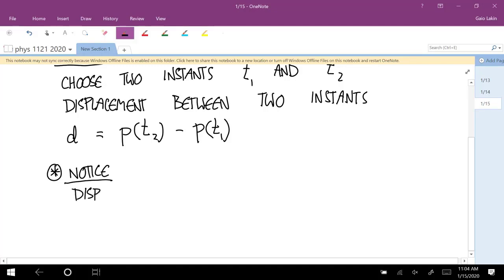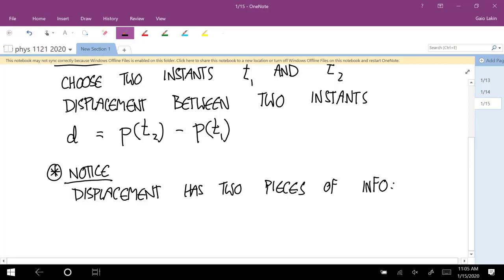Displacement has two pieces of information in it. The first one is the absolute value of the displacement, the magnitude of it, is the distance between the two locations.